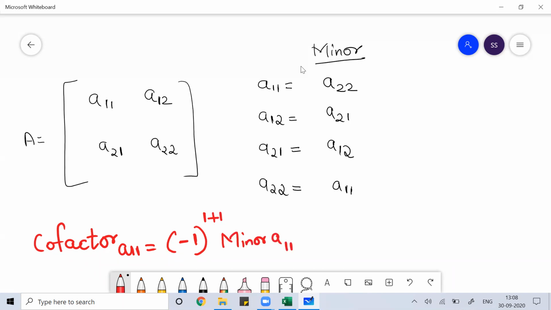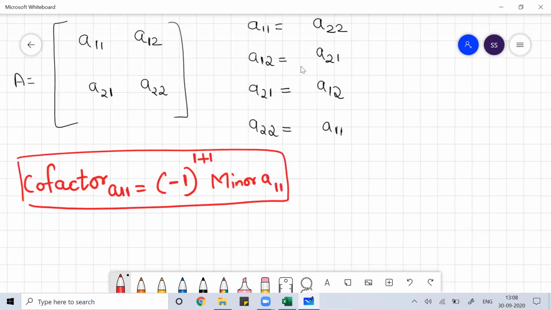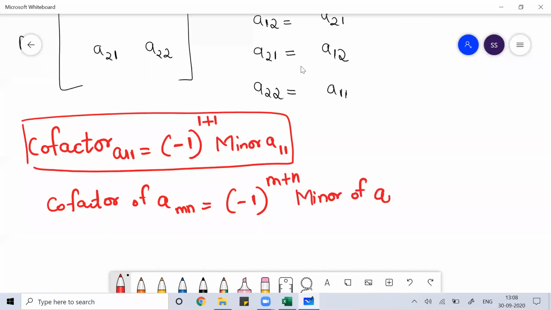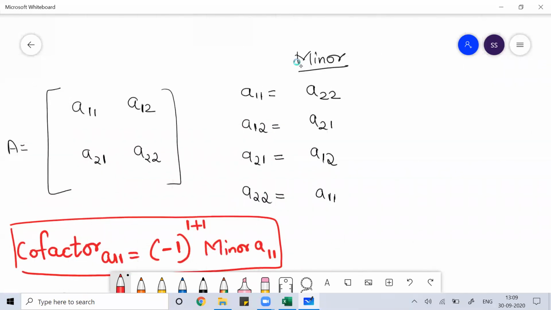So if I ask you the formula of the cofactor of amn, where m is the row and n is the column, it is minus 1 to the power m plus n into the minor of amn. I hope this is clear to everyone.